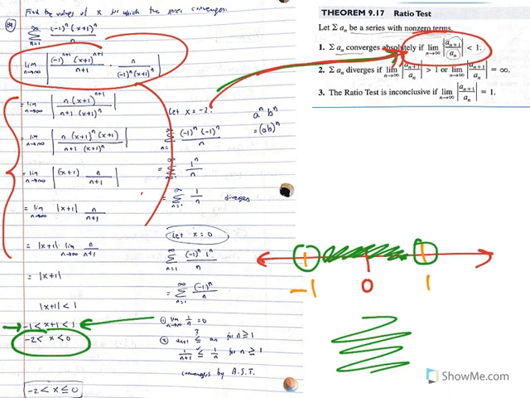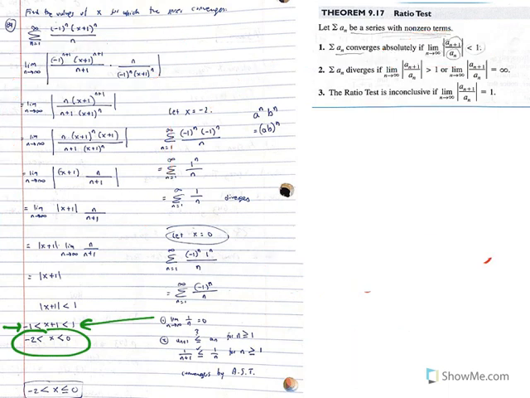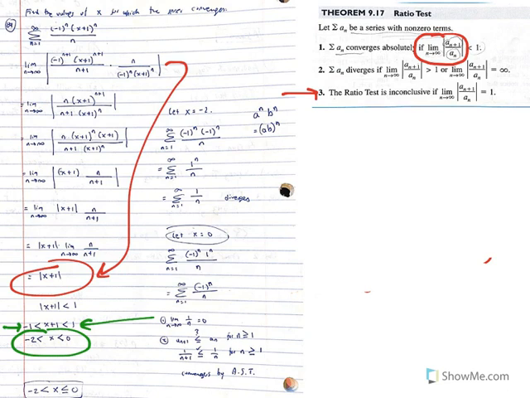But we can't complete the problem by stopping here, and the reason for that is as follows. What is the absolute value of x plus 1? It's this limit from the ratio test. Now we know that when that limit is equal to 1, the ratio test is inconclusive.